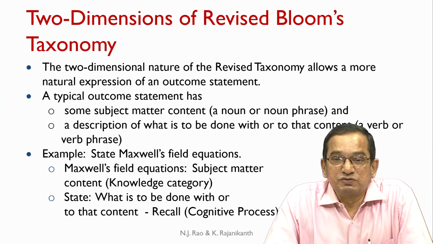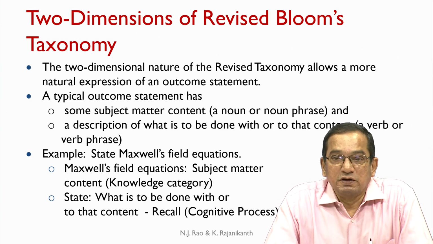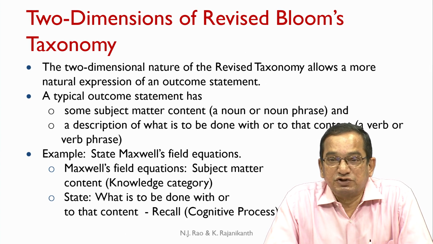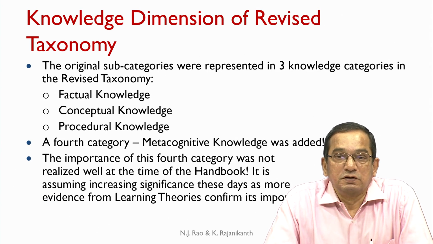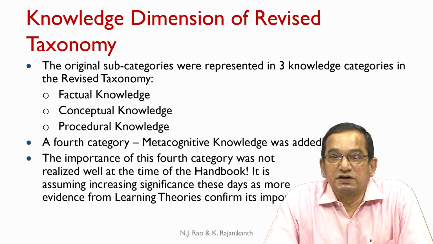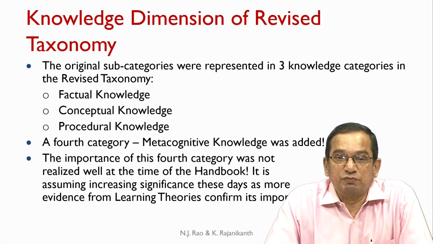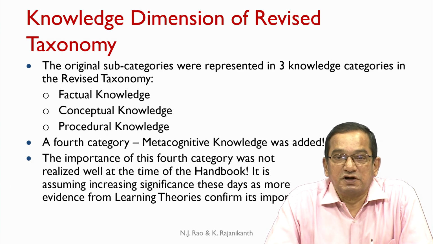Thus, the outcome statement has two natural dimensions, a cognitive process dimension and a knowledge dimension. The revised Bloom's taxonomy tried to capture this natural dual aspect of an outcome statement by making the taxonomy two-dimensional. The original subcategories of knowledge were represented in three knowledge categories in the revised taxonomy: factual knowledge, conceptual knowledge, and procedural knowledge.